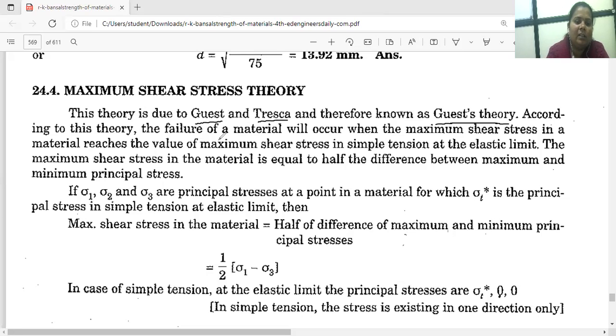So this theory is developed by Guest and Tresca, and so it is called Guest theory. You remember, maximum shear stress theory is developed by Guest and Tresca.